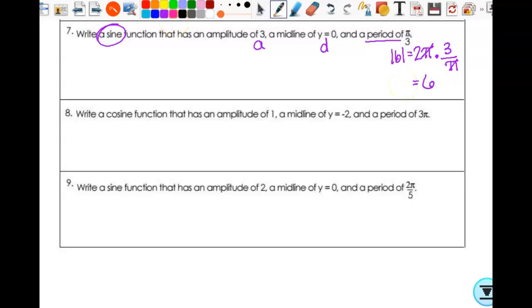Okay, so write that equation. Any questions?